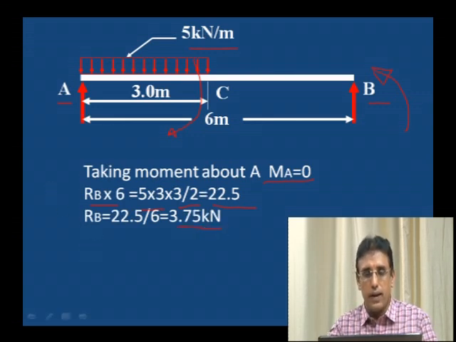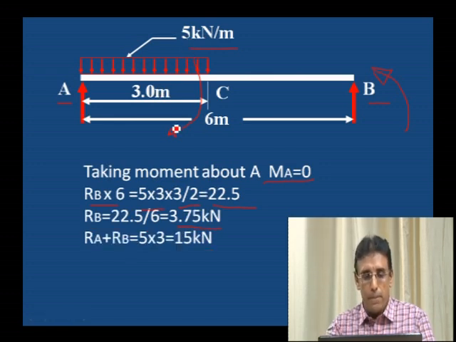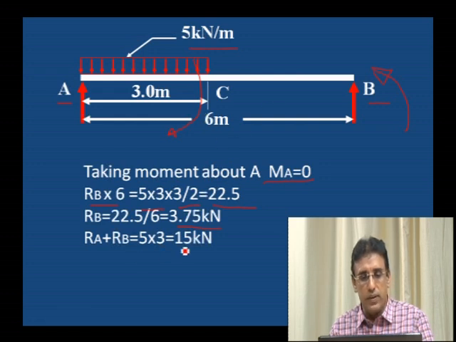To calculate RA, upward forces RA plus RB equal the downward force, which is 5 kilonewton per meter into 3. That is, the total downward force acting is 5 into 3, 15 kilonewton. 5 into 3 is 15 kilonewton, because when a UDL is given, we have to convert it into a point load by 5 into 3.